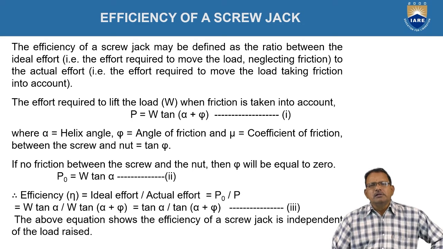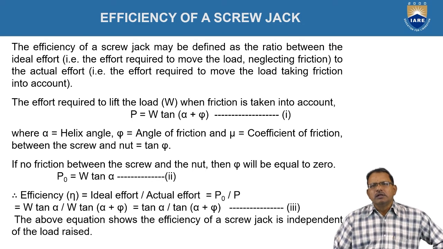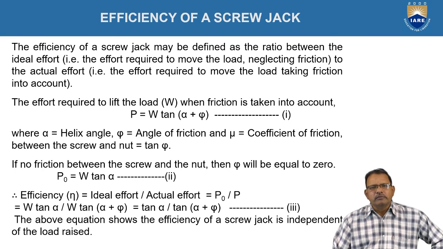The efficiency of a screw jack is defined as the ratio of the ideal effort, that is, when there is no friction between the sliding bodies, to the actual effort when we consider the friction between the contact surfaces as well as the collar.